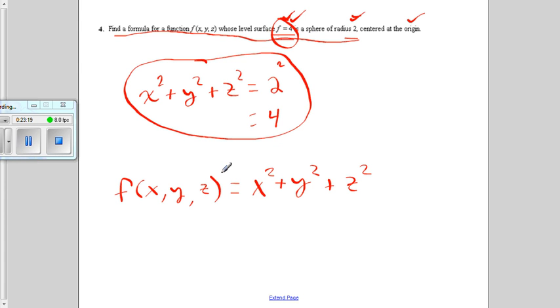This fits our restrictions, which is that it has a level surface when our value is 4 of a sphere, centered at the origin.